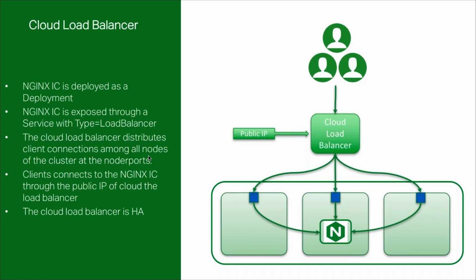This is possible when you create a service with a type load balancer. Clients will access the Ingress controller through a public IP of the cloud load balancer. And it is good to know that the cloud makes sure that the load balancer is highly available.